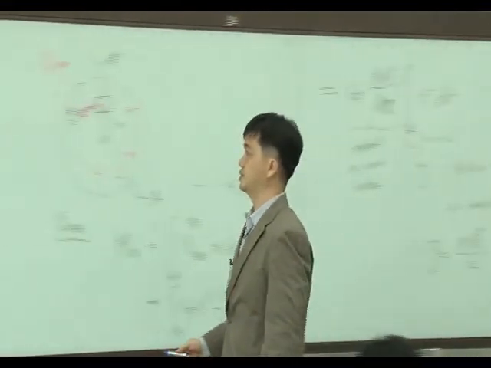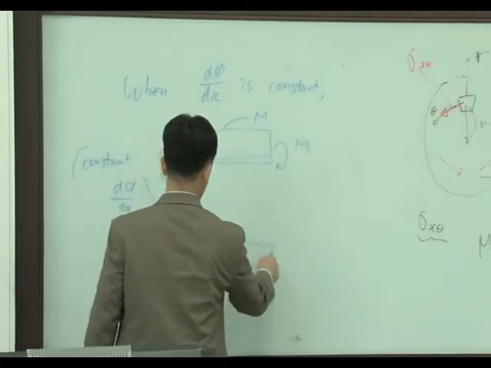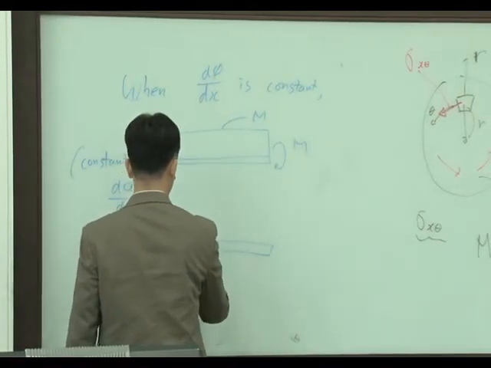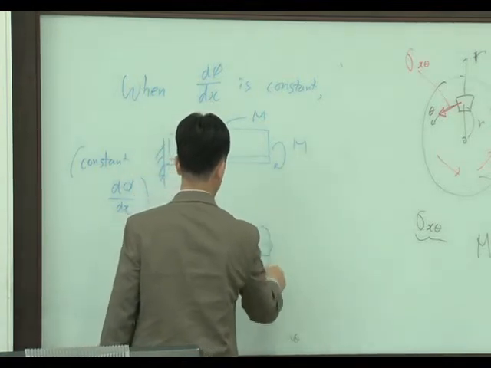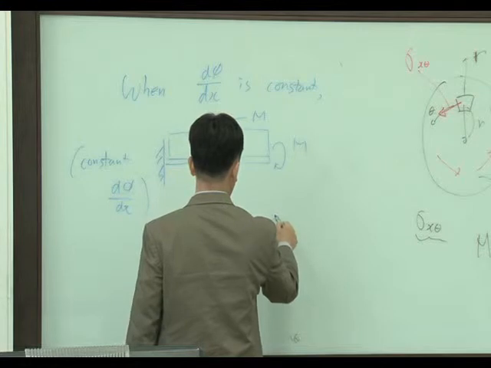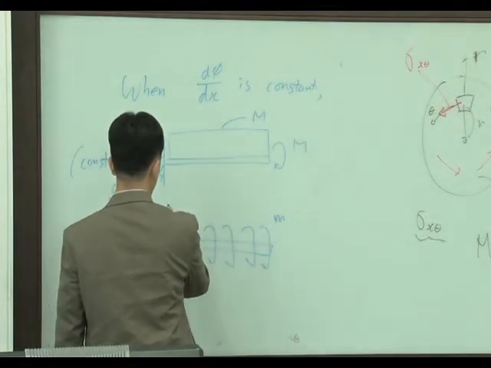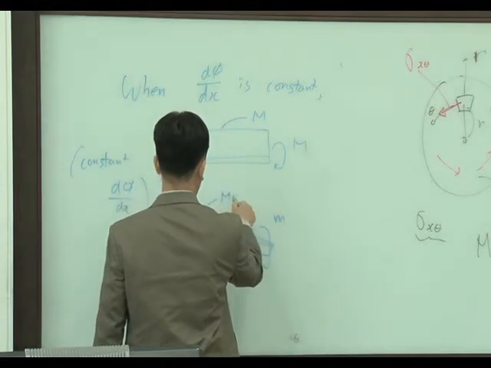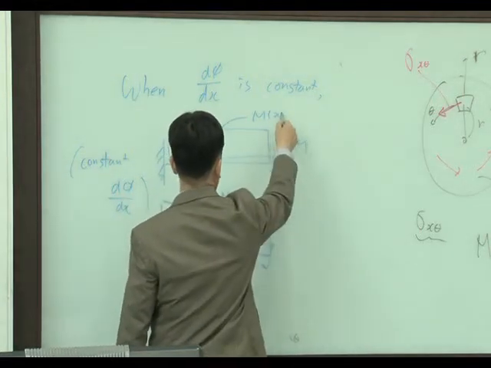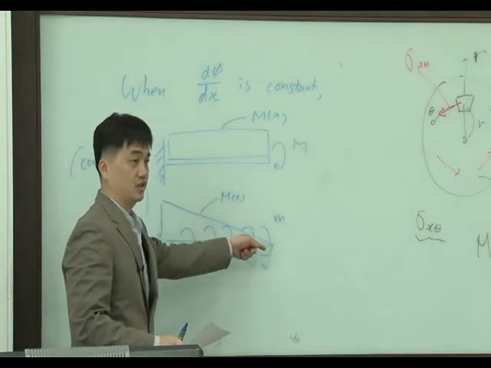And the other case is this one. We have a distributed torsional moment. Let's say this is m. Okay, in this case, the torsional moment looks like that, Mx, right? Torsional moment is changing, right?